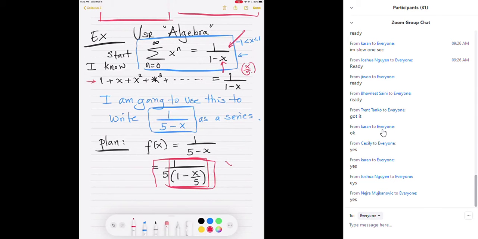So I'm going to do it here. So this will be 1 plus x over 5 plus x over 5 squared. And this is going to be 1 over 1 minus x over 5. So far, so good. So talk to me now. Isn't this still a geometric series?